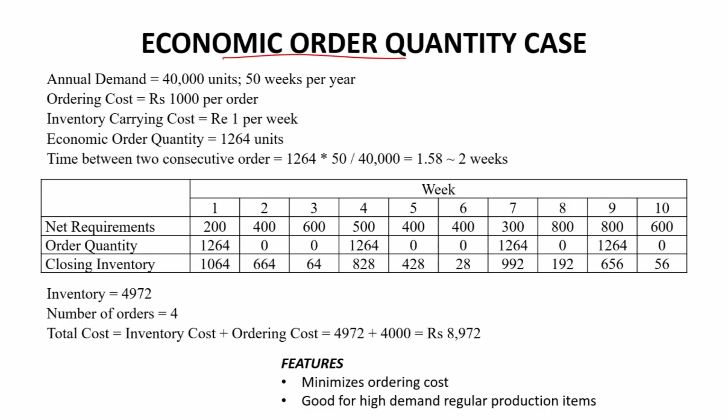Now, here assume that the demand data we are keeping the same, but to calculate the economic order quantity we have to take the annual demand. For example's sake, I have taken here 40,000 as my annual demand, and we are working for 50 weeks per year, 2 weeks is for shutdown. Ordering cost is rupees 1,000 per order, and inventory carrying cost is rupees 1 per unit per week.